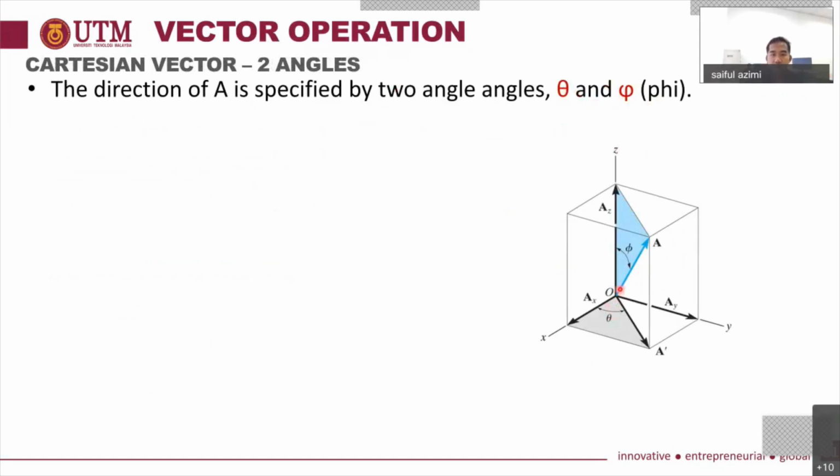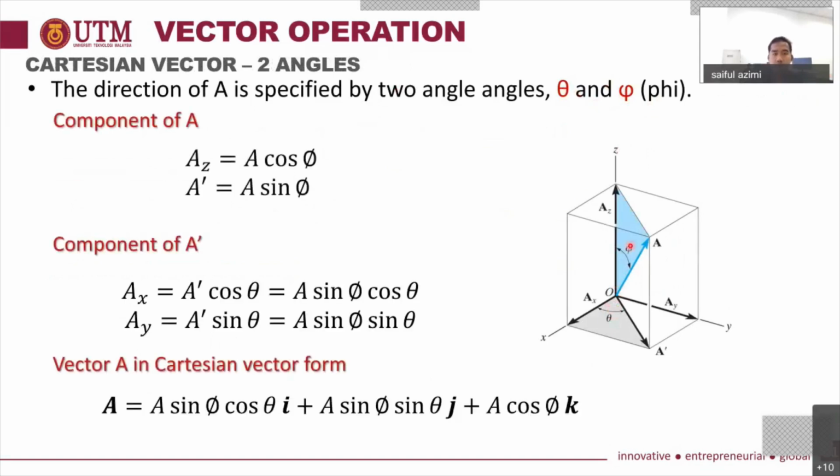So for theta, for example, you have your resultant force A here, and then you can draw the shadow of A on the axes of x and y. Okay, this is A, and this is like the reflection of A, which we call A prime. Okay, and then you get your theta here.